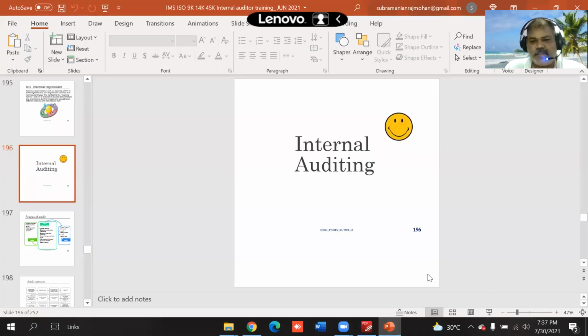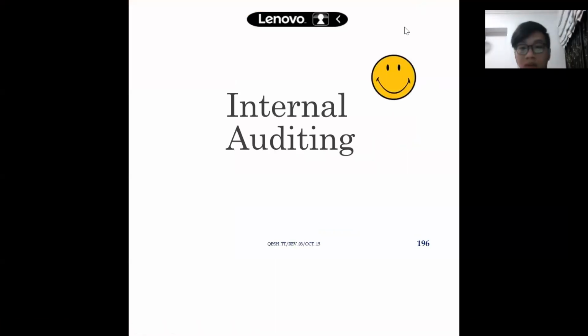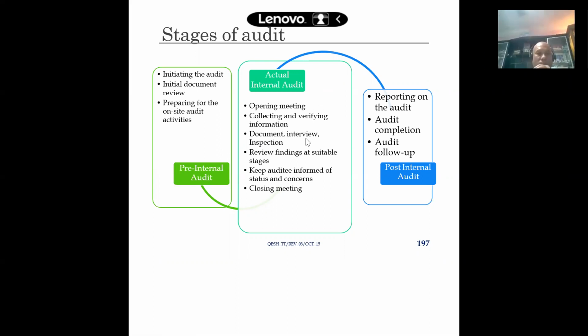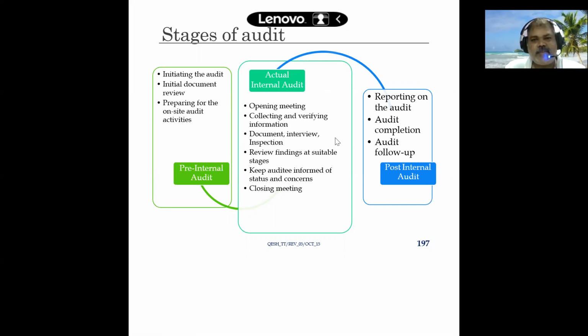Okay, so internal audit, what you see is overall. So maybe we can see. Okay, so the stages of audit: initiating audit, initiating document review, preparing for the site activities, site audit activity. This is called the pre-internal audit. Then the actual audit, when you go for opening meeting, collecting and verifying information.